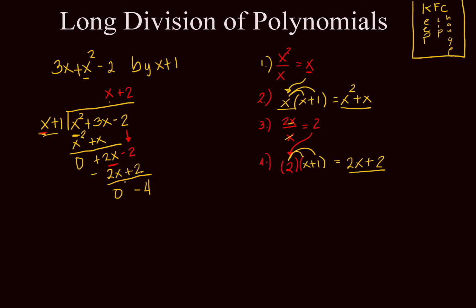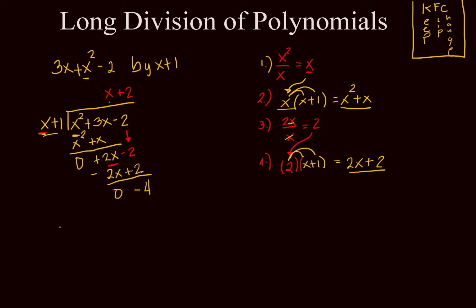Now if you notice, this right here has an order of 0, or you'll have an x raised to 0, and this one has an x raised to 1. This order is less than your divisor, so this will now become our remainder.